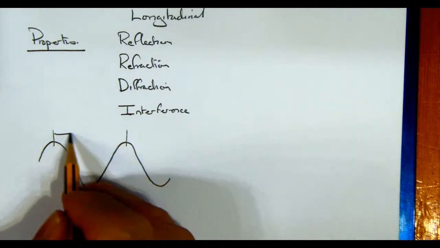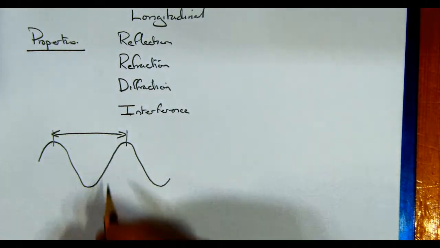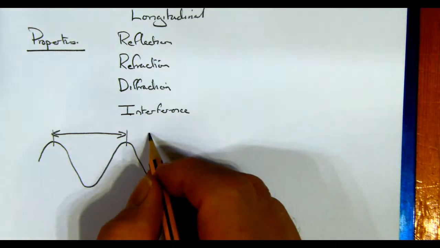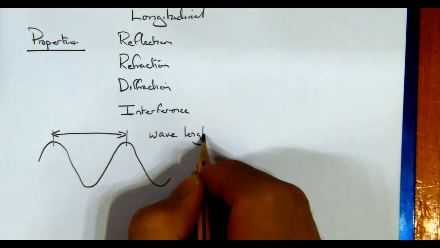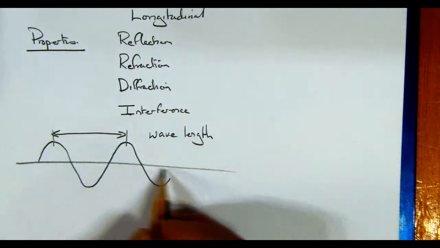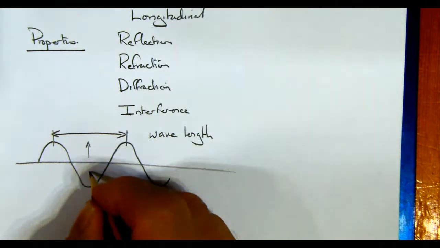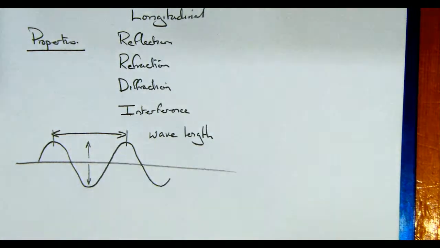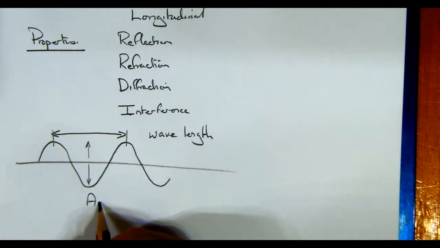We've got a distance between one peak and another peak, and we're going to call this the wavelength. From a center point, we've got a measure of how far up or down the wave is. This is its amplitude.